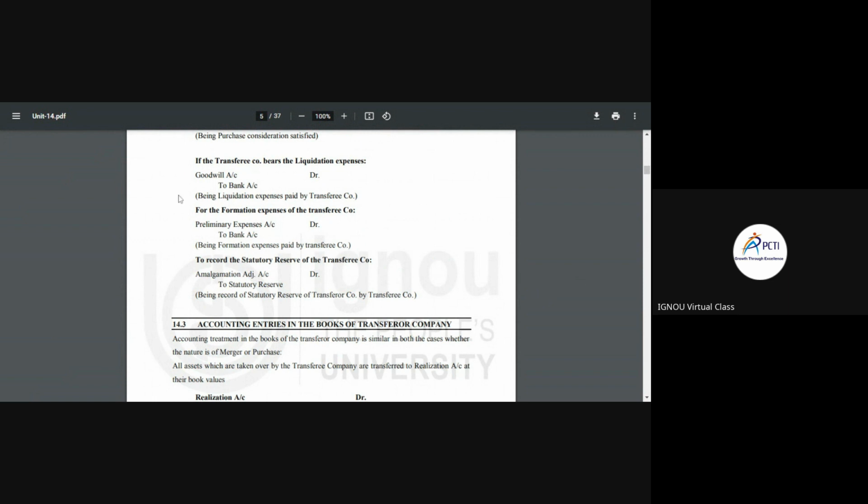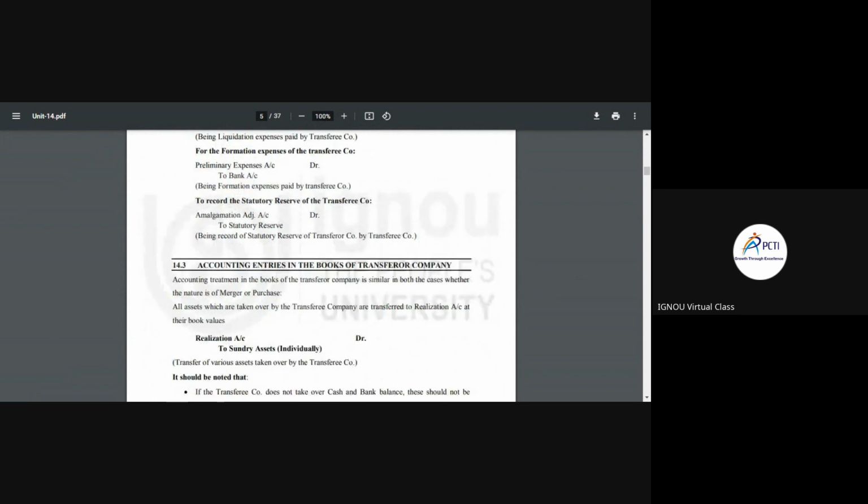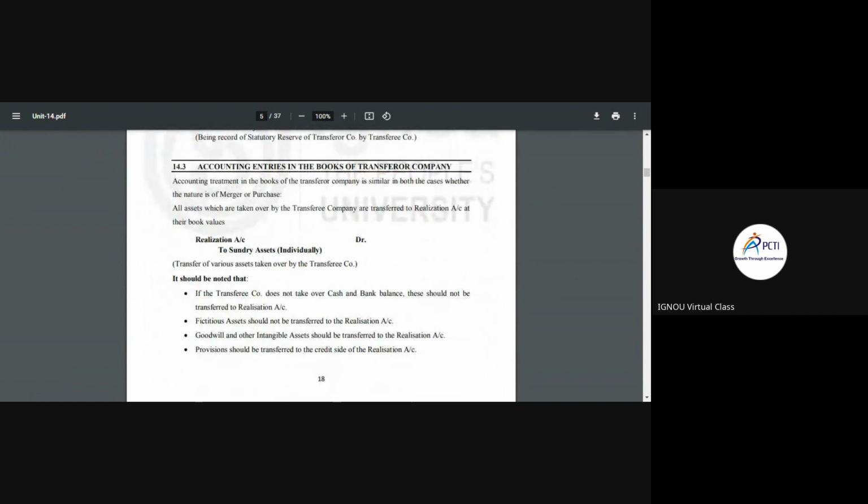So now we need to know the accounting entries in the books of the transferor company, how we can do the accounting entries in the books of the transferor company. Whenever we are amalgamating two companies, one is the transferee company and one is the transferor company, we need to enter the accounting entries in both of the accounts.